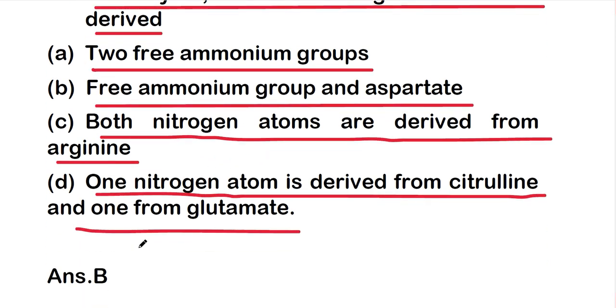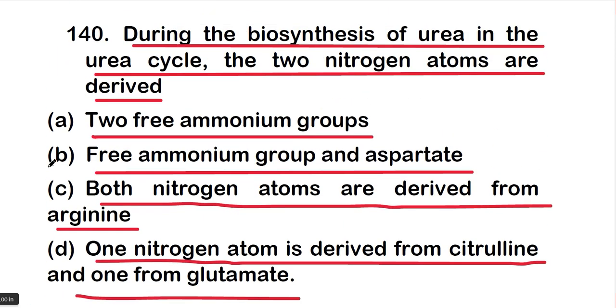So the right answer is option B, that is, free ammonium group and aspartate. So during the biosynthesis of urea in the urea cycle, the two nitrogen atoms are derived from free ammonia group and aspartate. Okay, so these are all 20 MCQs on biochemistry in this part 7 video on biochemistry.